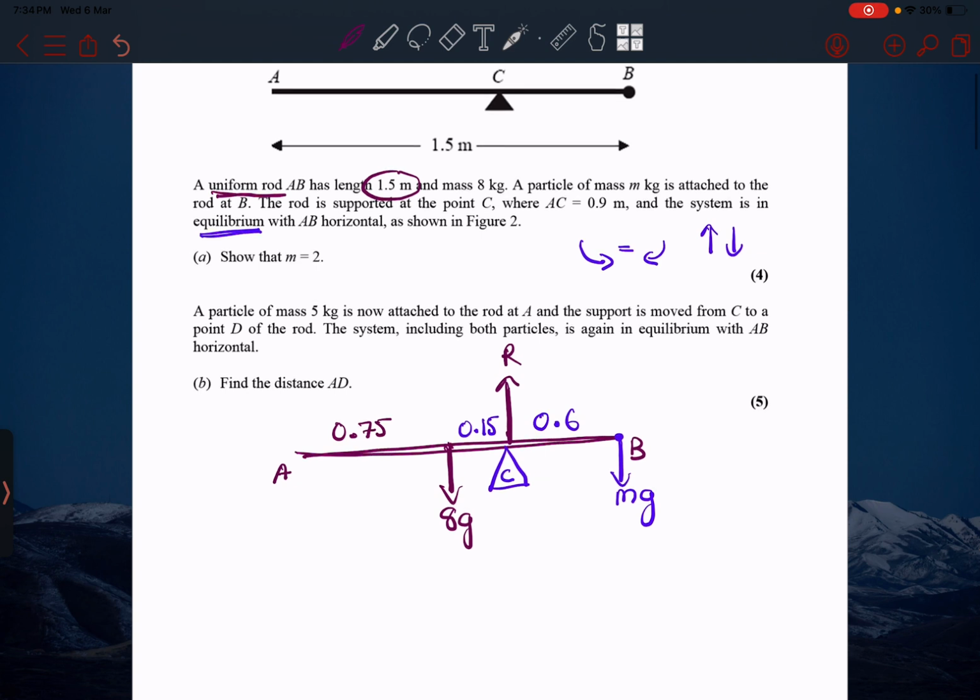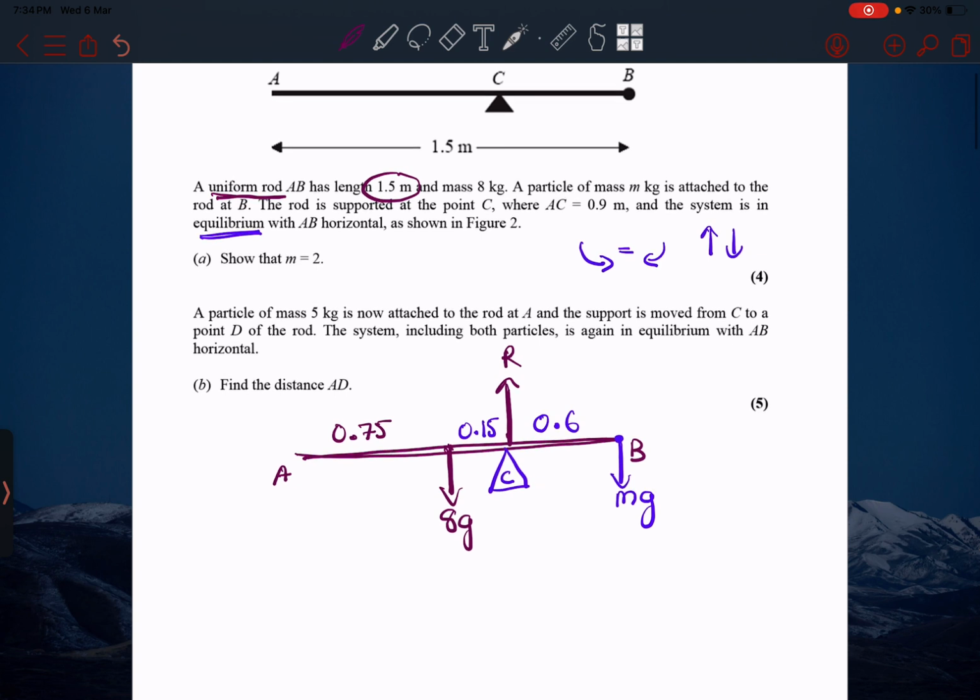Now the question is, where do we take the moments about? Should I take the moments here? I want you to think for a moment, see if that would be a right point. Now, if you thought no, then you are right.